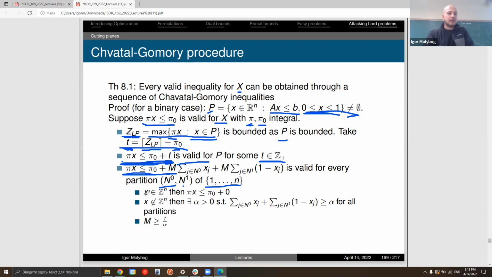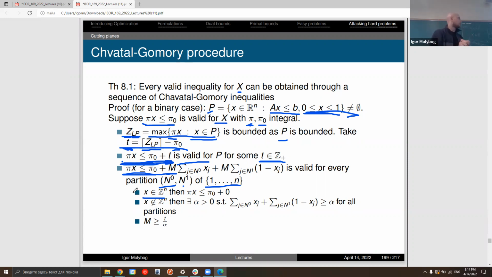Let me explain it more here. How are we going to show that an inequality is valid?